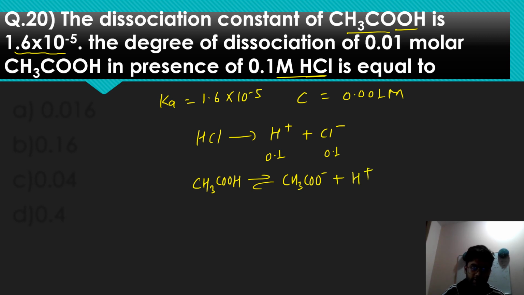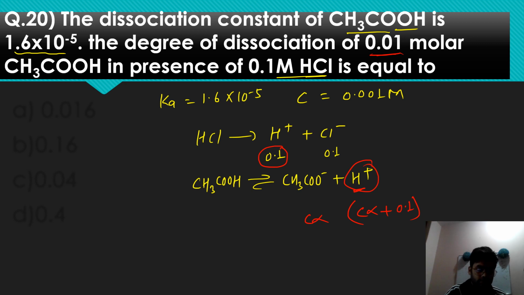The concentration of CH3COOH is 0.01, and it dissociates into its ions. The concentration of H plus will be C alpha and CH3COO minus is also C alpha. Here the concentration of H plus from HCl should be added, because the total concentration of H plus in the solution is increased. So we have to add the 0.1. This is the total concentration of H plus.